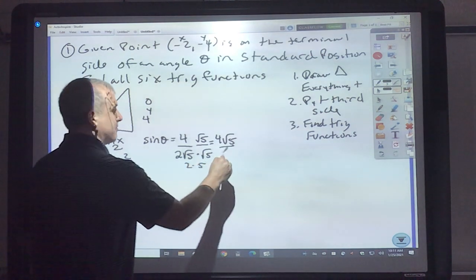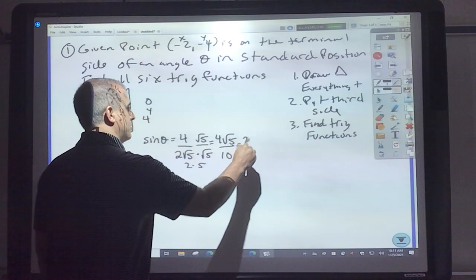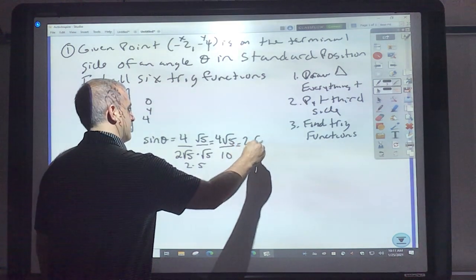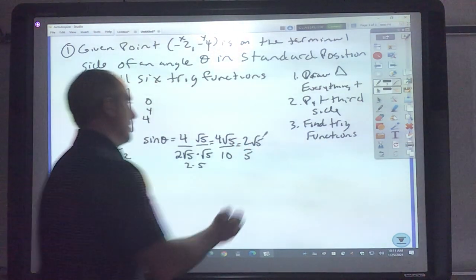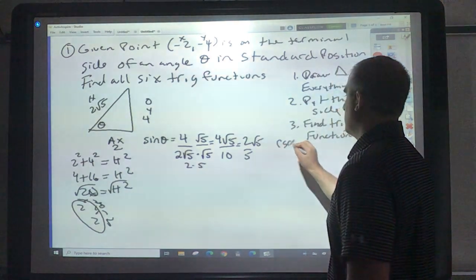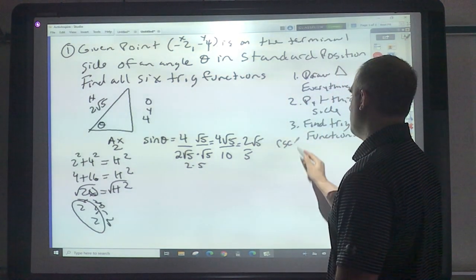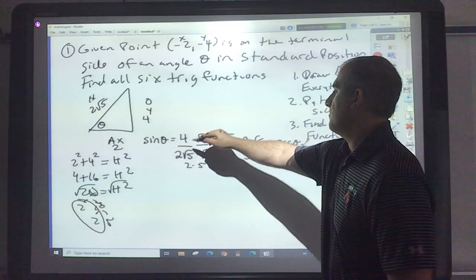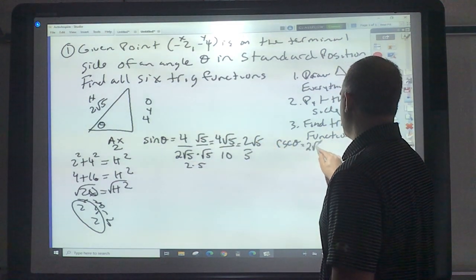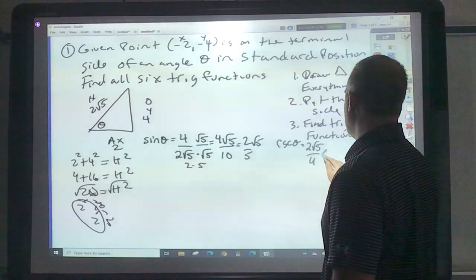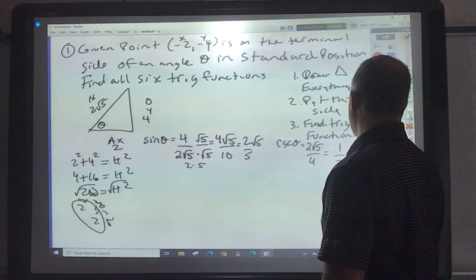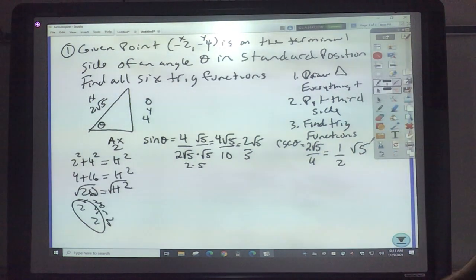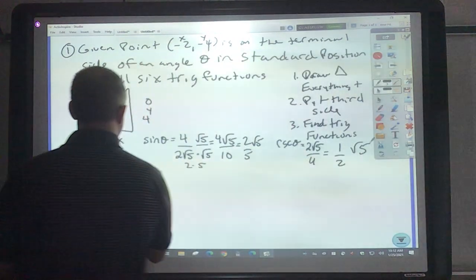So 2 times 5 would be 10, and that would reduce to 2/5. Cosecant there, once again, very poor board space on my part, would just be the flip of this, 2 over the square root of 5 over 4, which would just be 1/2 square root of 5, so the 2 and the 4 reduced.